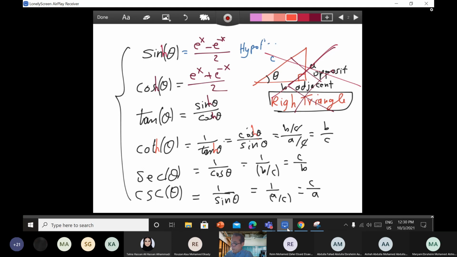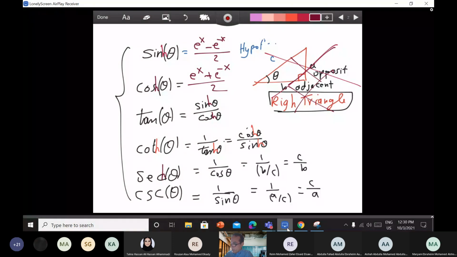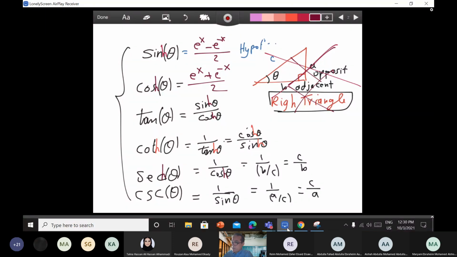But there is no algebraic value for this one. This is an algebraic term, right? And also you can add h here. Yes, you can add h. Now you can add h here too.